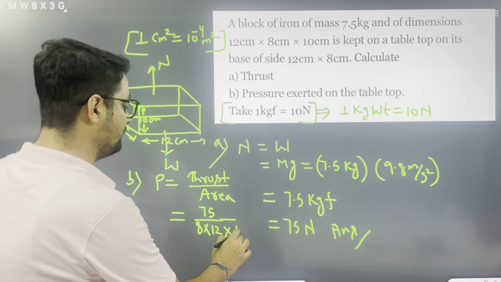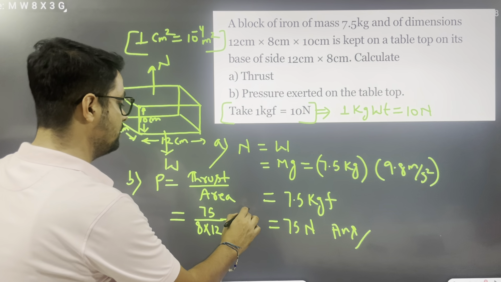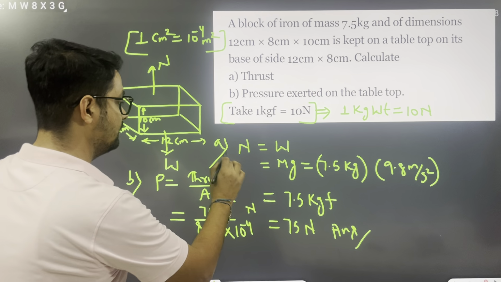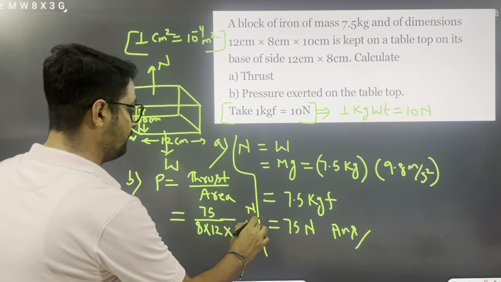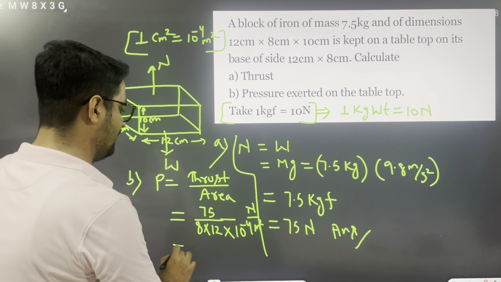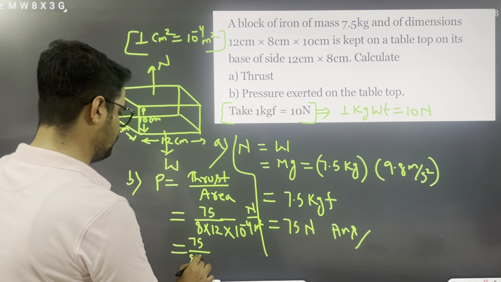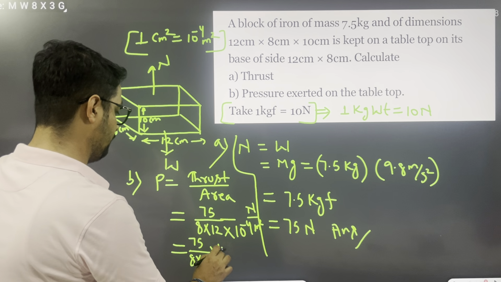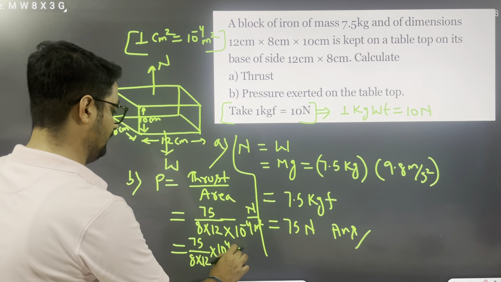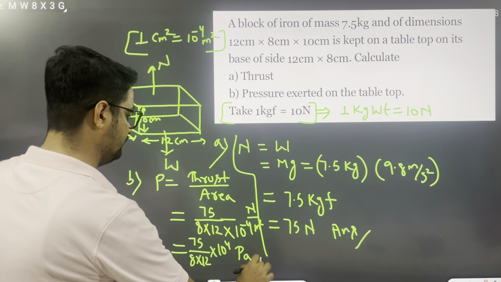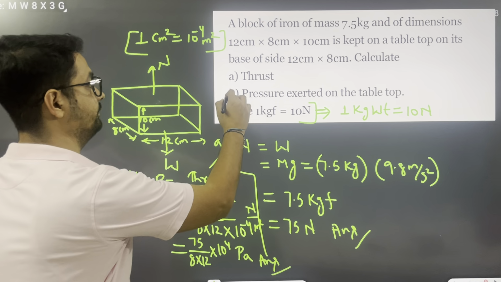So it will be written as 10 to power minus 4 Newton per meter square. So final answer, you will solve this 75 by 8 into 12 into 10 to power minus 4 Pascal. This is your answer for second question.